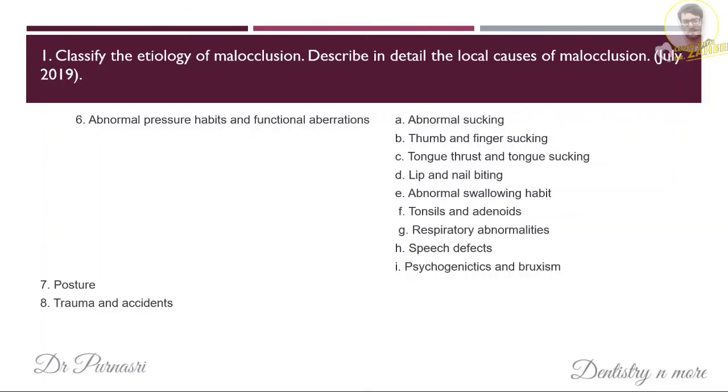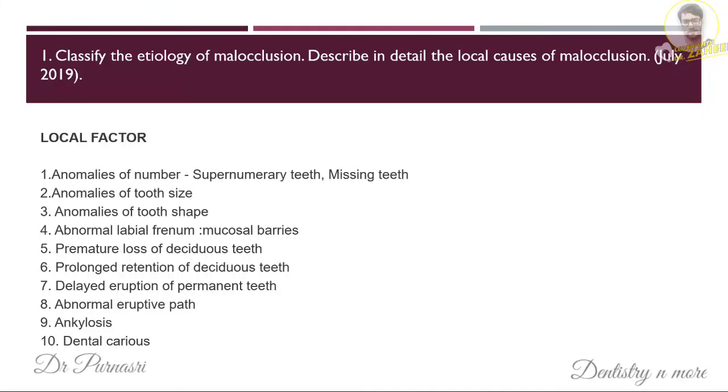Then there are the local factors that have been asked in this question. These local factors mean those inside the mouth. These are anomalies in number. So they can be extra teeth, that is supernumerary teeth, or a few teeth can be missing. That will cause malocclusion. They can be anomalies in size. If the teeth are too large for the jaw, then there will be crowding.